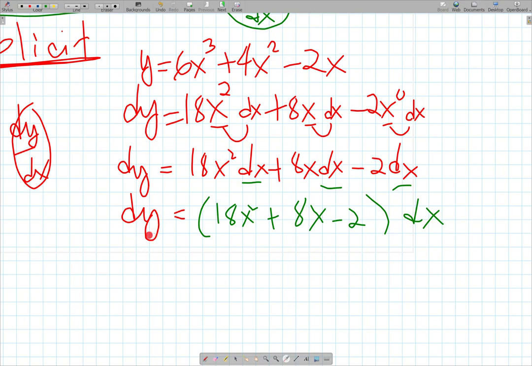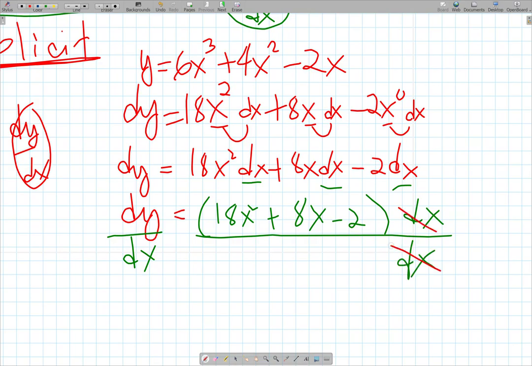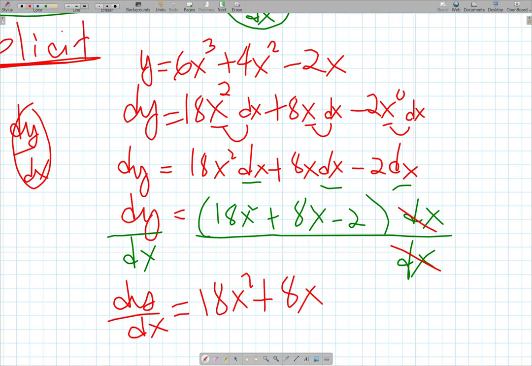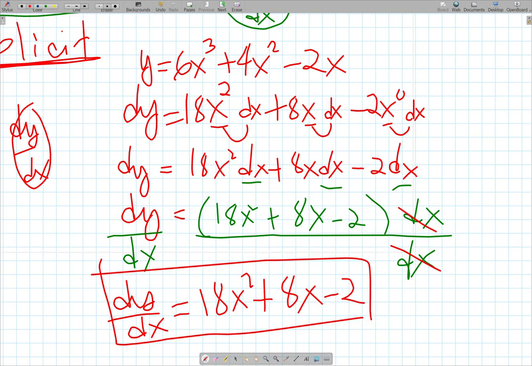We are lacking something here: dy is already there, but we lack over dx. Let's put over dx. What we did to one side of the equation, we also do to the other side. Divide also by dx, so dx cancels out. Our dy over dx is equal to 18x squared plus 8x minus 2. That is using implicit.